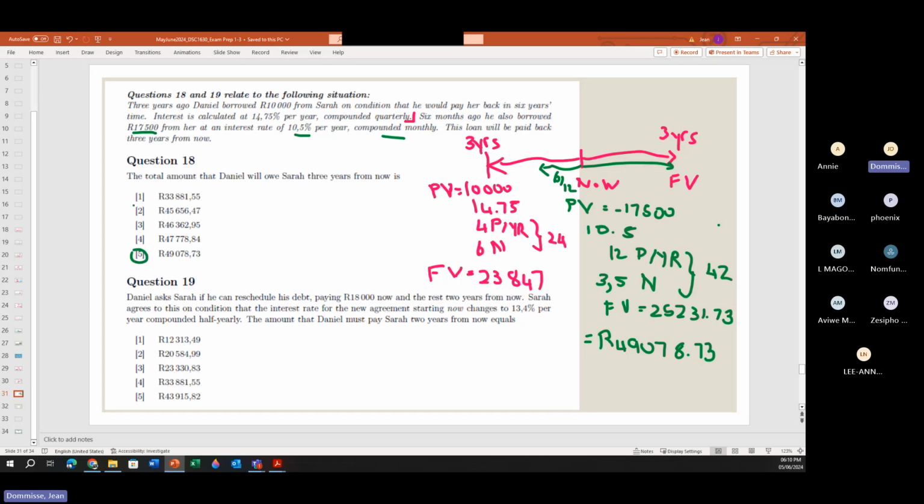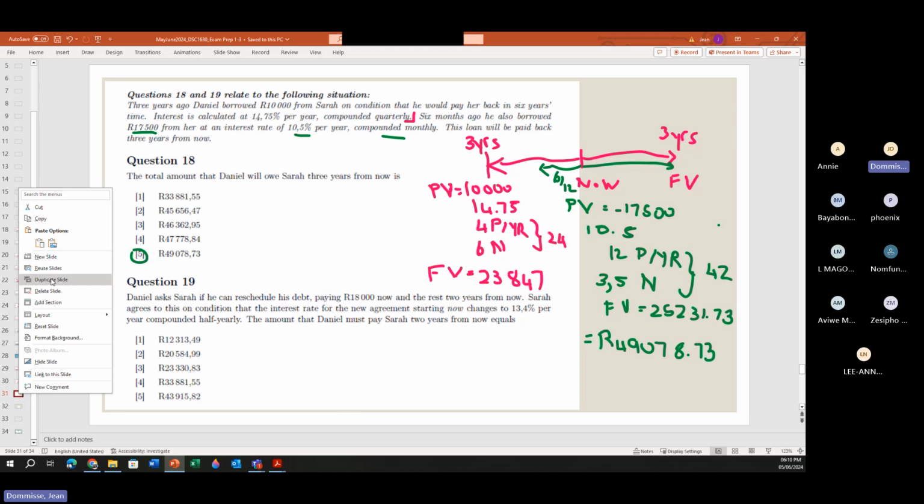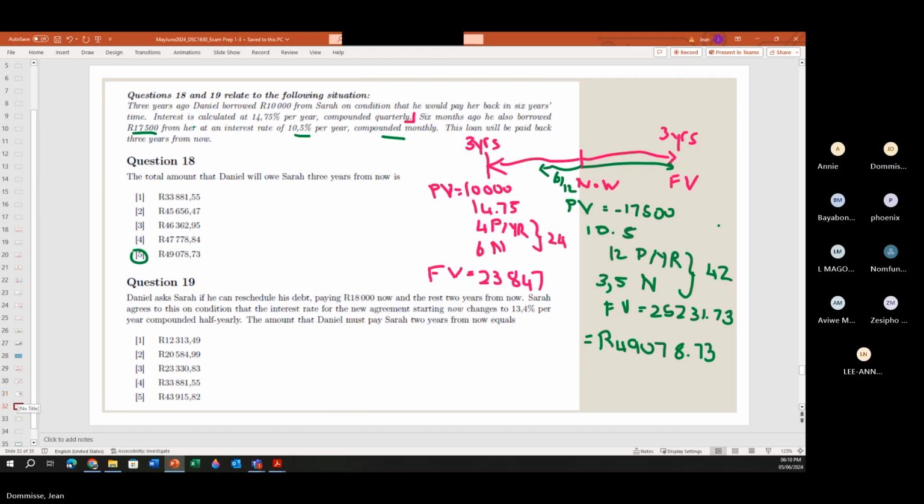Again, the other options might be because you used the interest rate for the second option as the same. So it might be that you used 14.75 and not the 10.5.